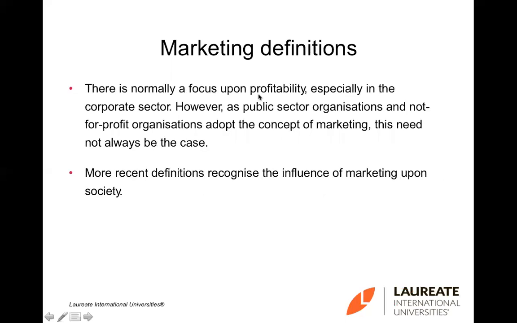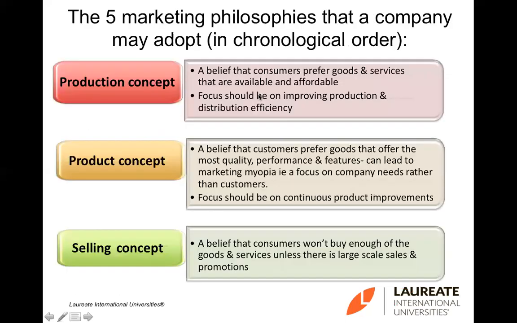Okay? Right, and I'm not going to discuss that now. Just briefly about the marketing philosophies. We have production concept, product concept, selling concept. Okay, and the next ones are marketing concept and societal marketing concept. Okay? The production concept is about the belief that everybody's need is the same.